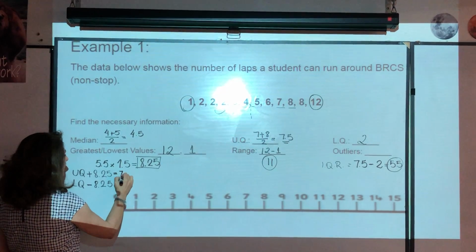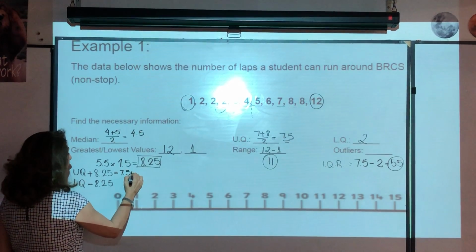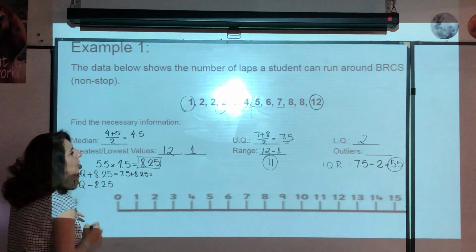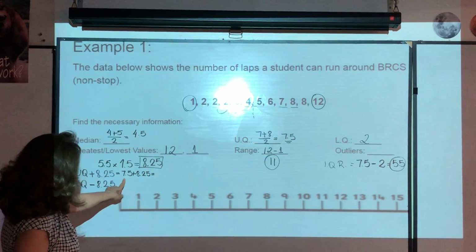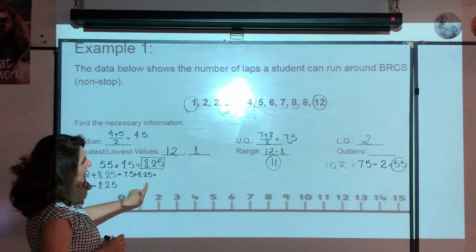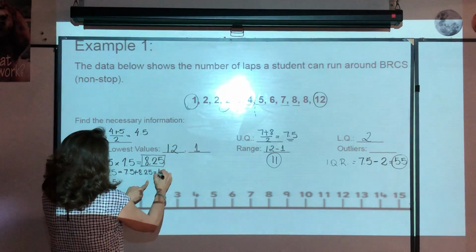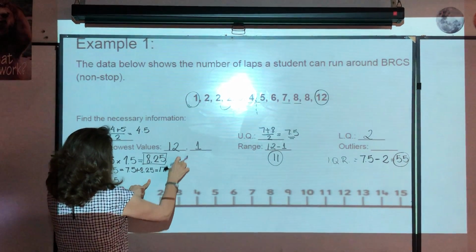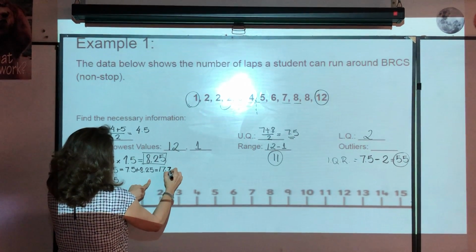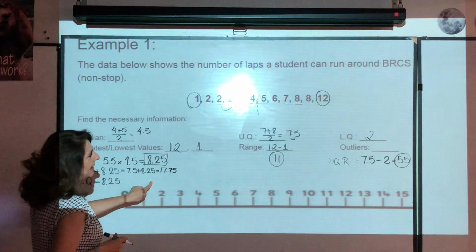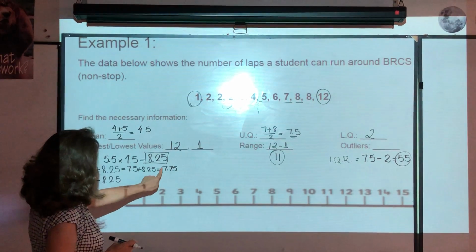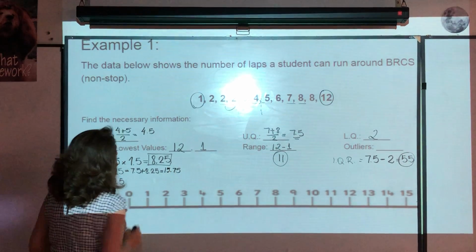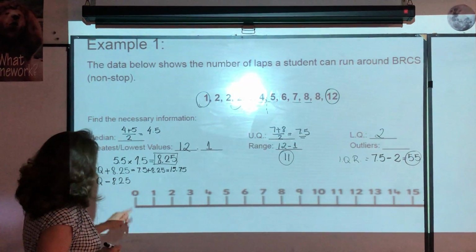So I have 7.5 plus 8.25. When I add 7.5 with 8.25, I have 15.75.